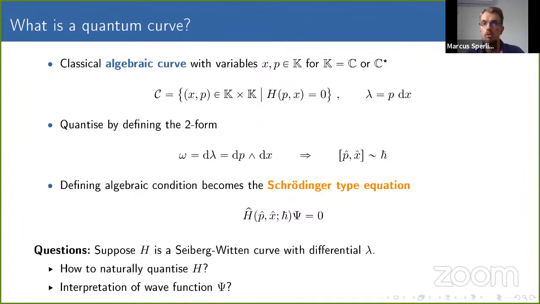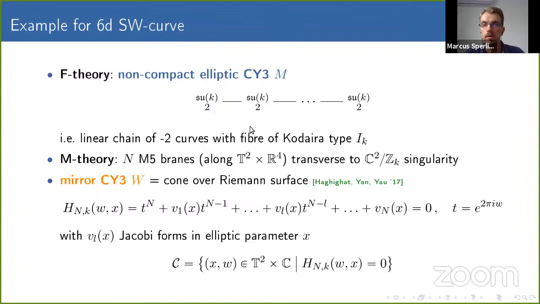The starting point is the 6D SCFTs, the maximal dimension for these CFTs. We can utilize the F-theory description, for instance. Here I give the example of a non-compact elliptic Calabi-Yau, composed of a chain of -2 curves, each of which supports an SU(K) gauge algebra, which tells you that the fiber degenerates in a certain Kodaira type.